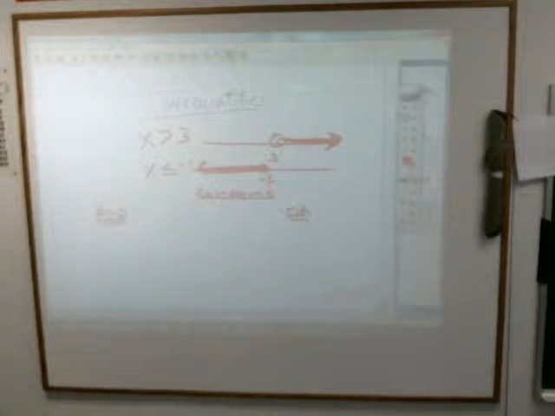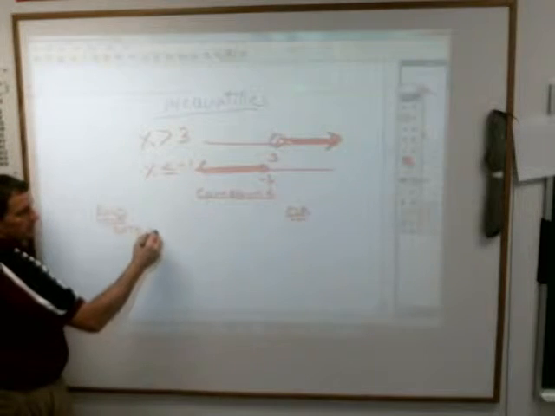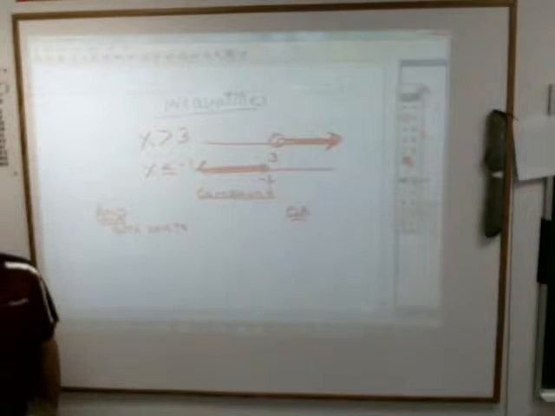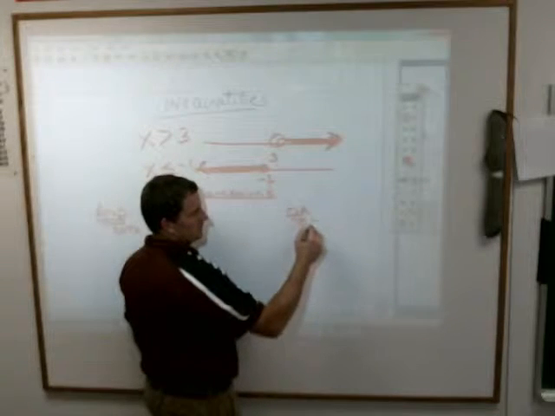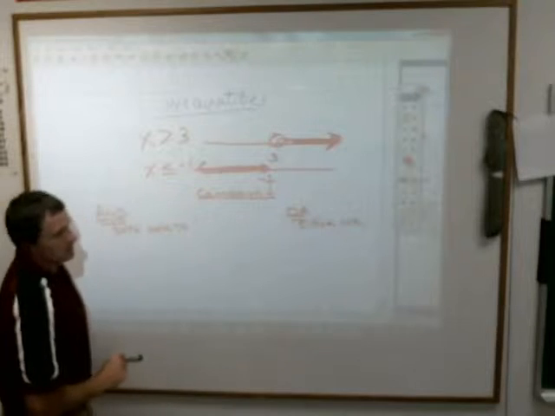Okay, now think about this. If I said Zach and Josh come talk to me, that means they both have to be true. If I said Zach or Josh come talk to me, that means either one can be true.